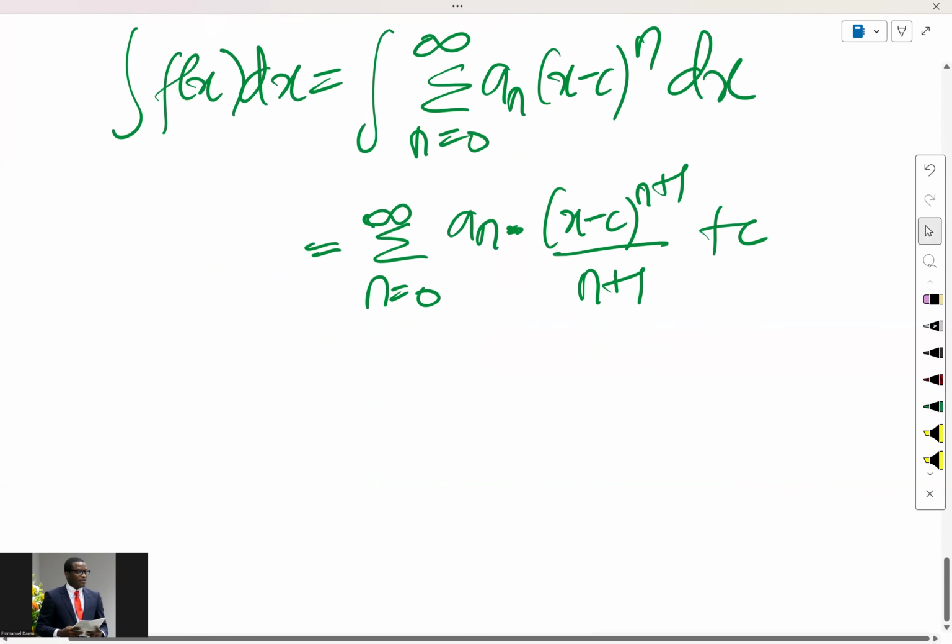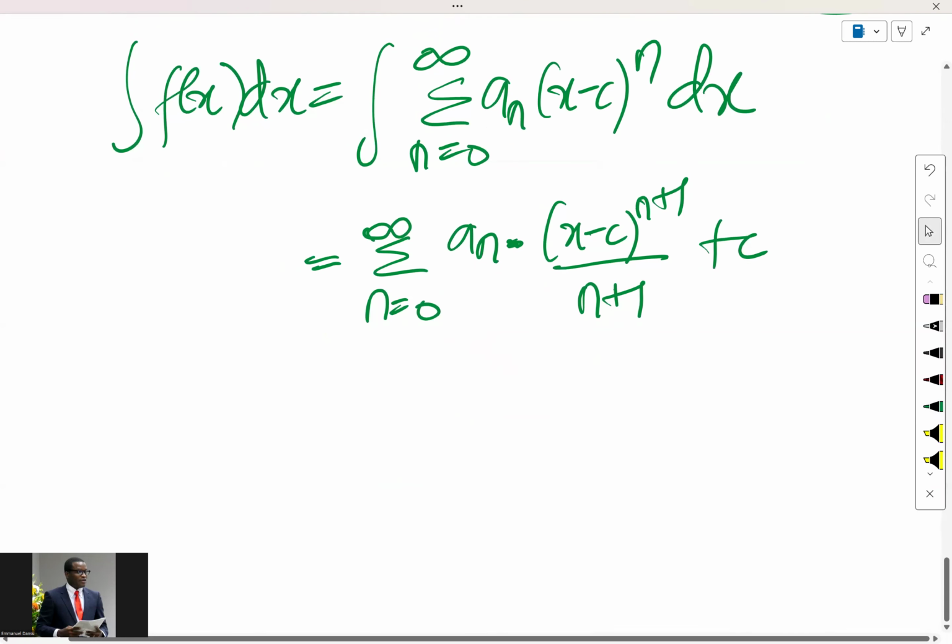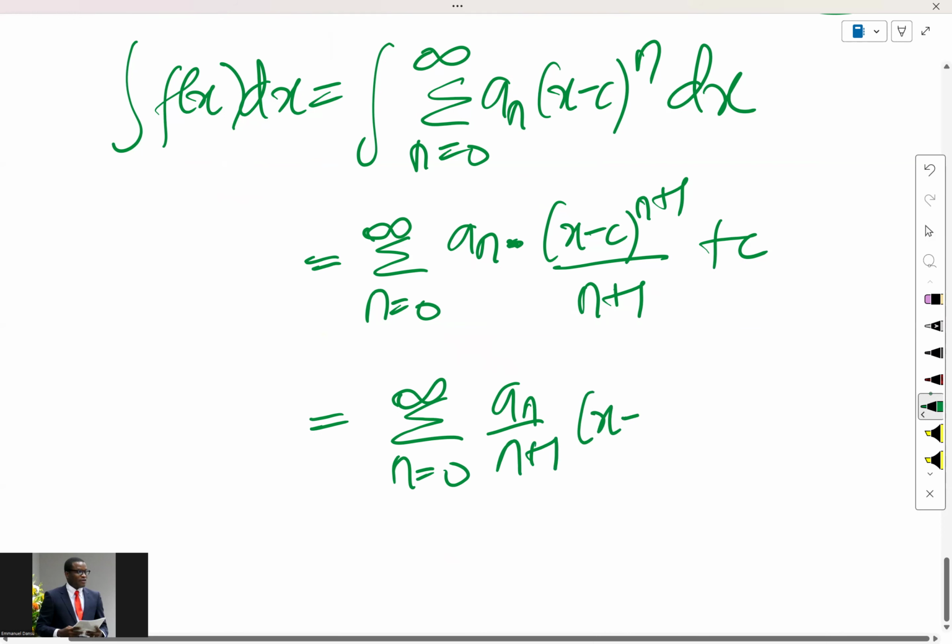So it's more like the normal differentiation thing you do. And this is equal to the summation from n equals 0 to infinity of a_n over n plus 1 as the new coefficient, times (x minus c) raised to the power n plus 1. Of course, plus an arbitrary constant, because this is c, I can say this is an arbitrary constant k.